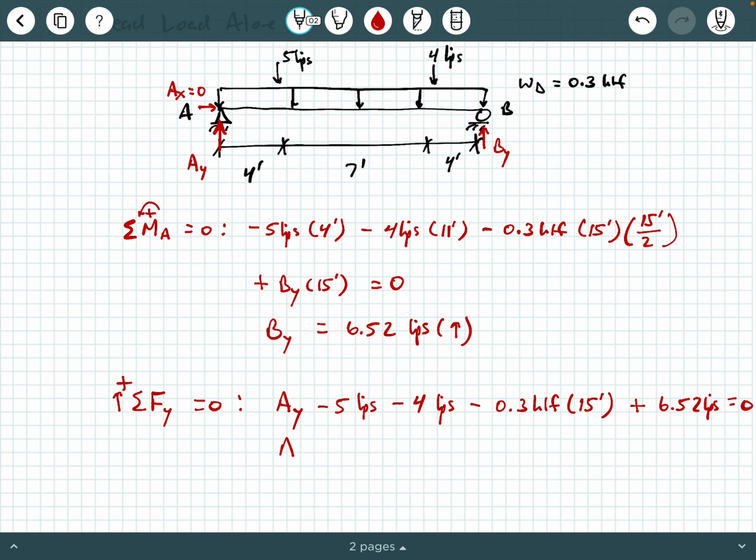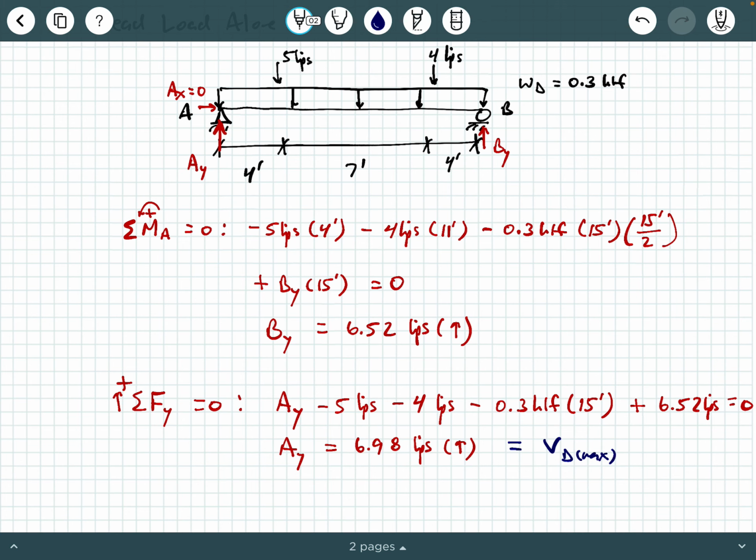Doing some arithmetic, we'll get AY equals 6.98 kips pointing upwards. Now those of you who are savvy with statics and structural analysis may be able to just look at this and tell that this AY of 6.98 kips happens to be V dead max, the maximum shear force due to the dead load alone.